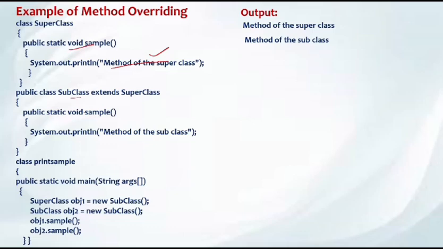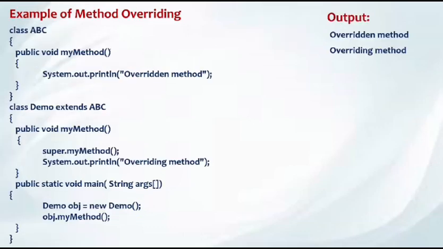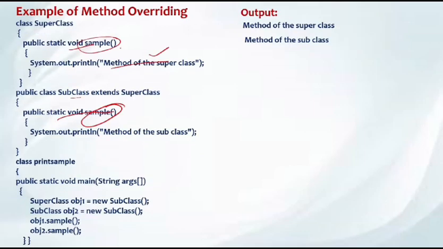The sample function is there, and in the superclass there is also a sample function. Same function name and the same parameters list; no parameters are passed inside the function, so both are the same. In the subclass, System.out.println prints method of the subclass.